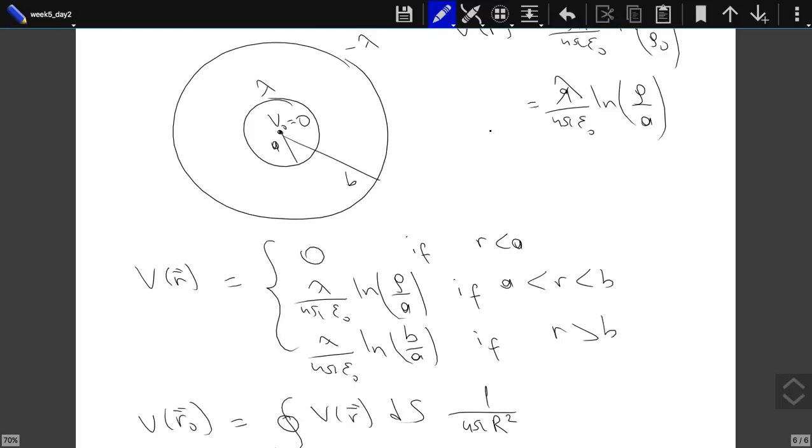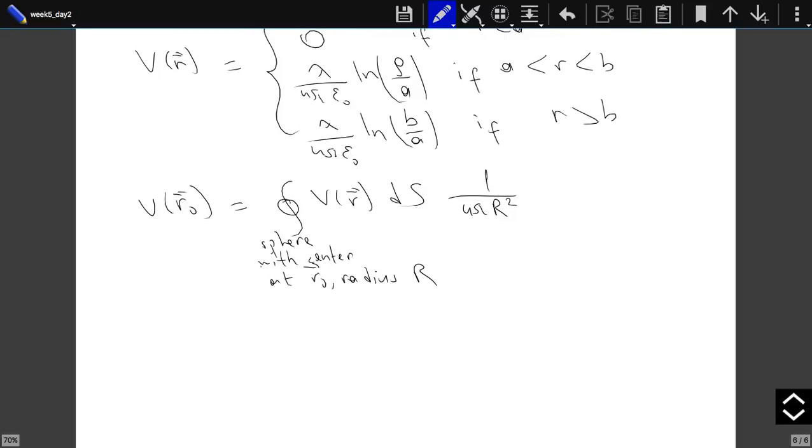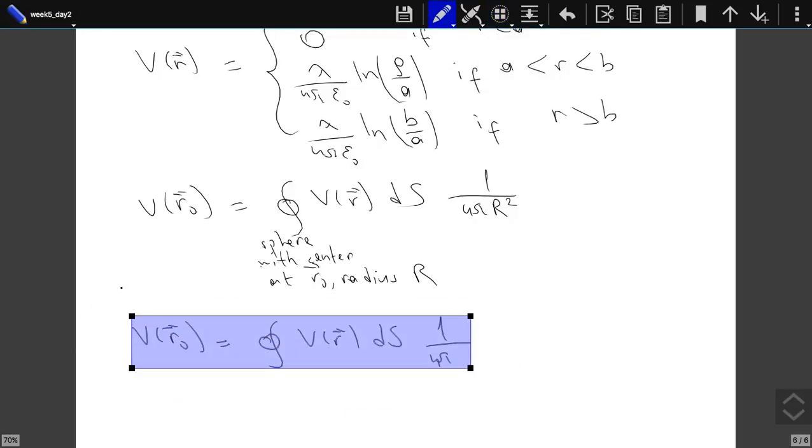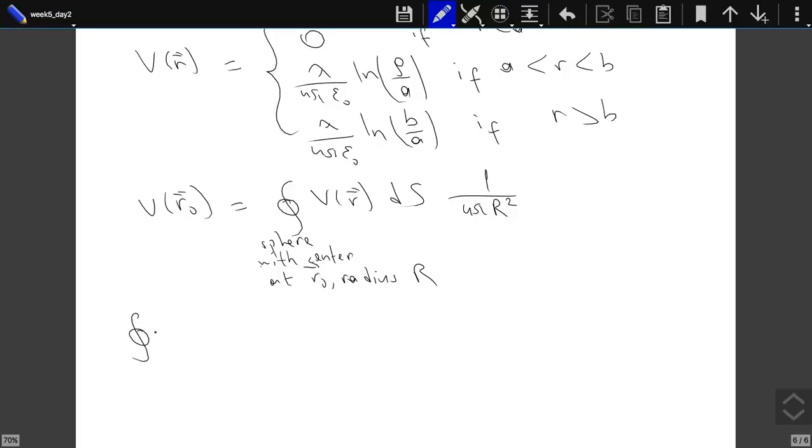So let me take a sphere over here. This is my point R0. This is R. So V of R0 would be equal to the integral of V of R dS times 1 over 4 pi R squared.